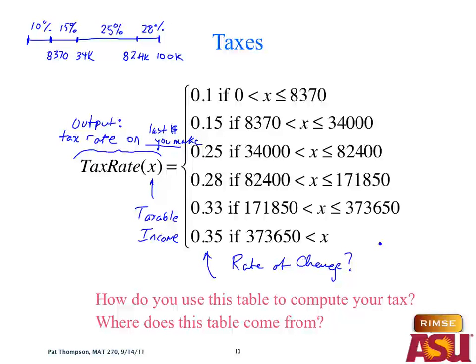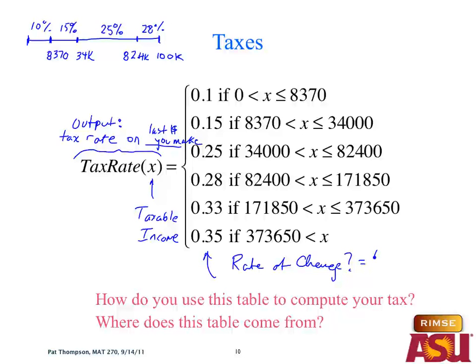Yeah, Daniel? I think it might have been just the other way around. Okay. It would be the rate of change of the tax money you pay with respect to your taxable income.